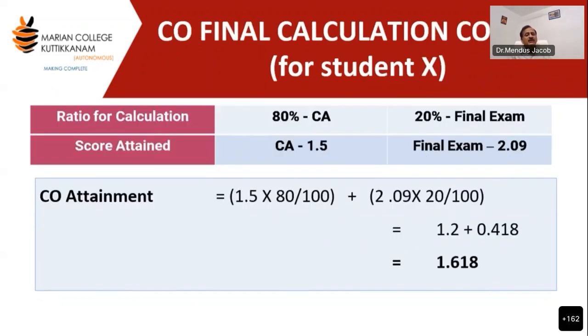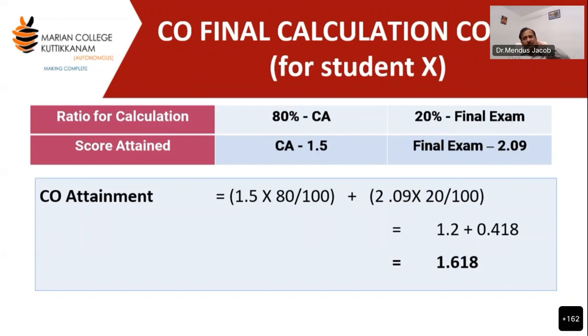Now, ratio for calculation. Suppose for continuous assessment the institution is giving 80% weightage and 20% for final examination, because through continuous assessment we can assess the student in a better way when we adopt the OBE approach, because we'll have many activities.